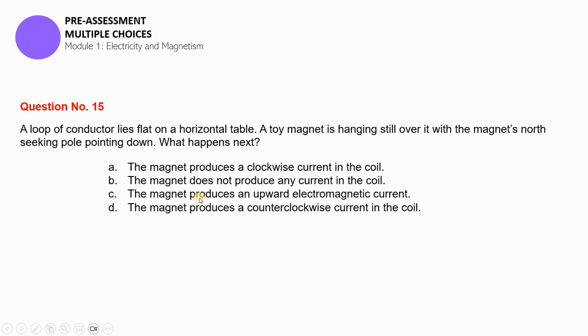A. The magnet produces a clockwise current in the coil. B. The magnet does not produce any current in the coil. C. The magnet produces an upward electromagnetic current. D. The magnet produces a counterclockwise current in the coil. Pause this video if you need more time.